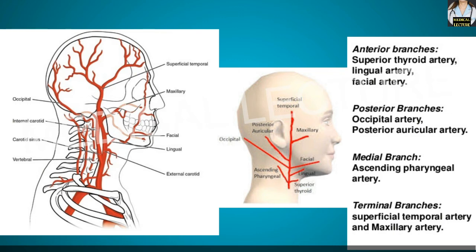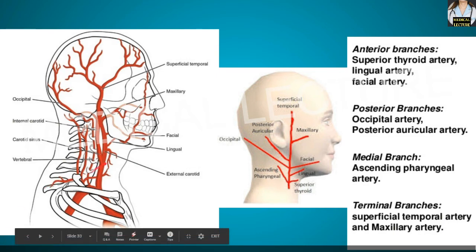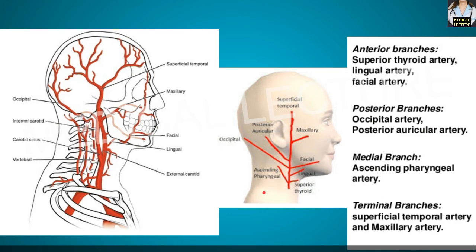The medial branch is the ascending pharyngeal artery, and the terminal branches are the superficial temporal artery and the maxillary artery. So instead of going through a tough diagram, just remember this easy diagram to remember all the branches of the external carotid artery.